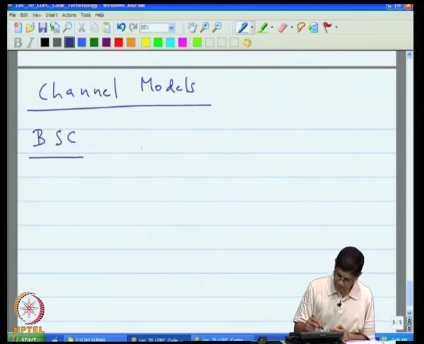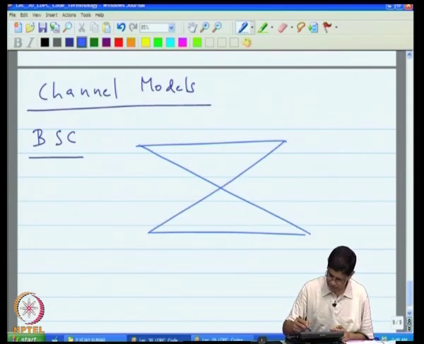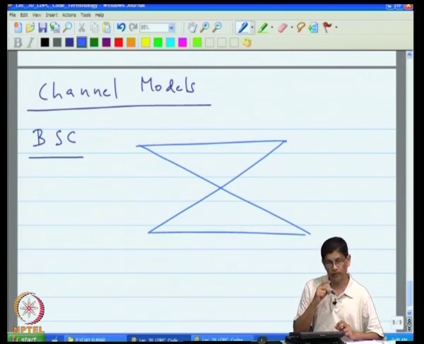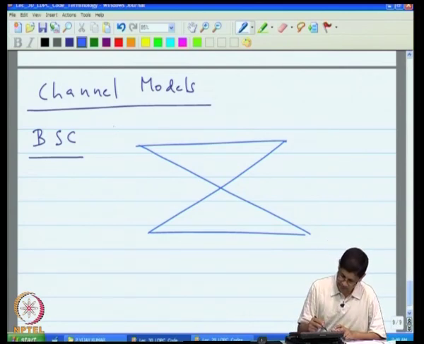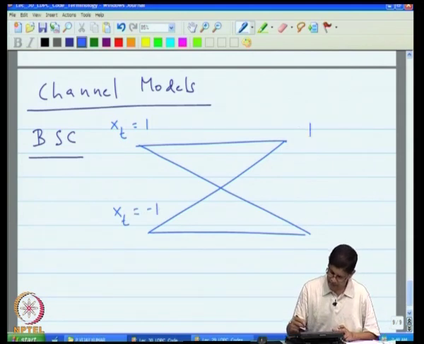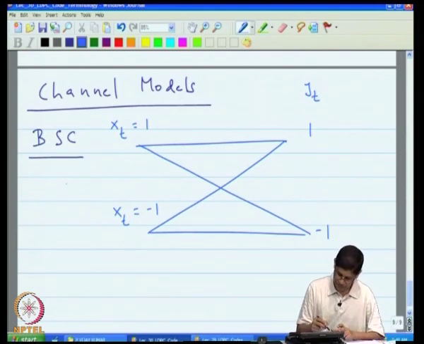The binary symmetric channel has two inputs and two outputs, except that our inputs earlier were 0 and 1. This time, however, our inputs will be x_t equal to 1 and x_t equal to minus 1, and similarly the output will be 1 and minus 1, and the crossover probability will be epsilon.